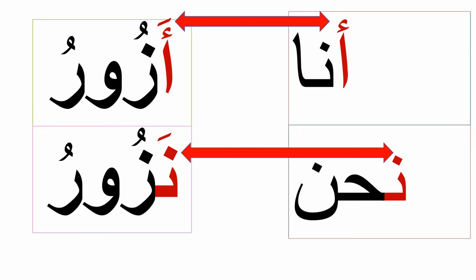We will begin with the first person, meaning when you are talking about yourself. أنا أزور, I visit. نحن نزور, we visit.